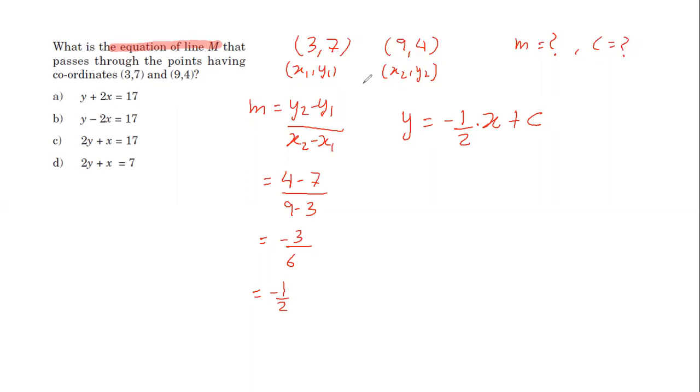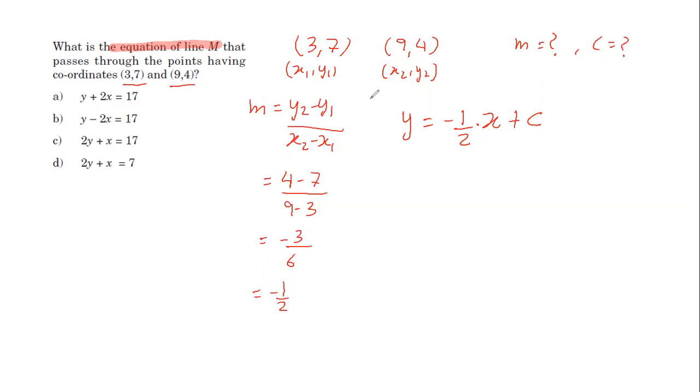Do you realize I told you that x and y are nothing but the points on the line? And the question says that the line is passing through 2 points, which are 3, 7 and 9, 4. Since the line is passing through these points, I know that these points will definitely satisfy the equation.